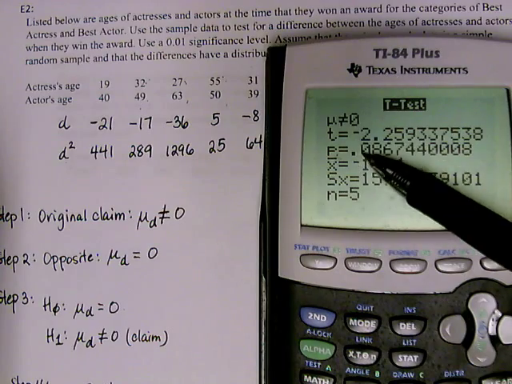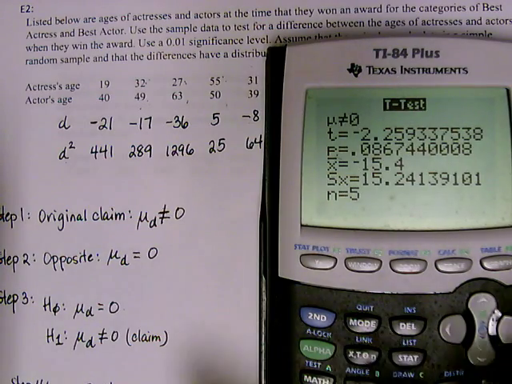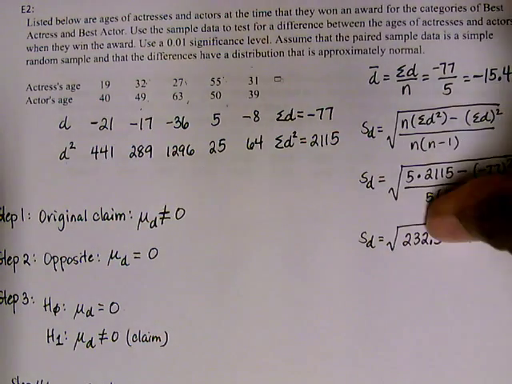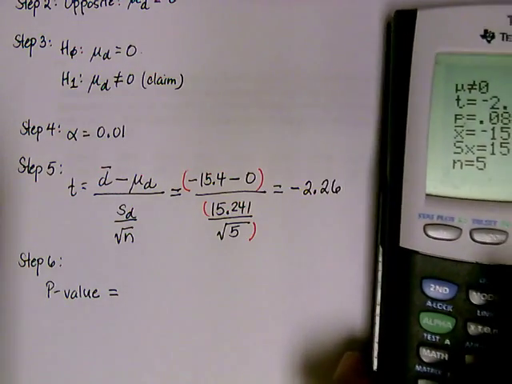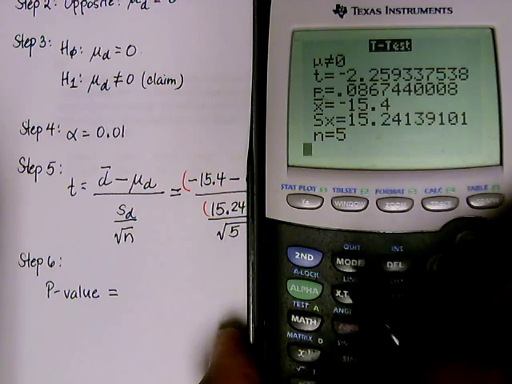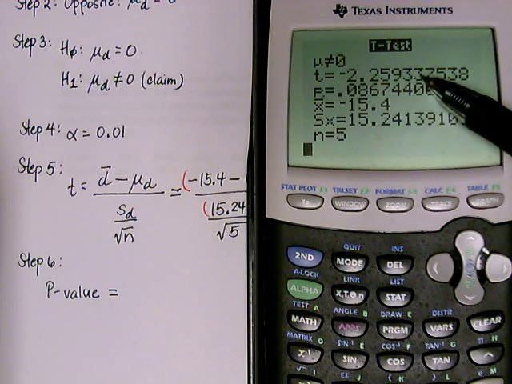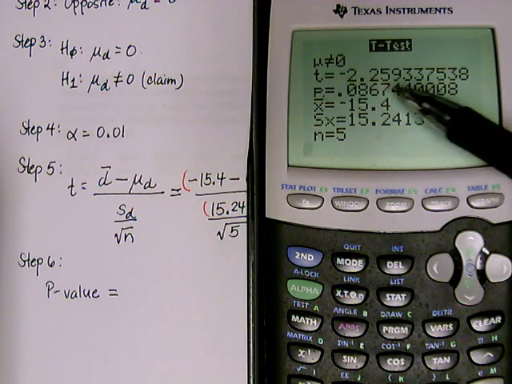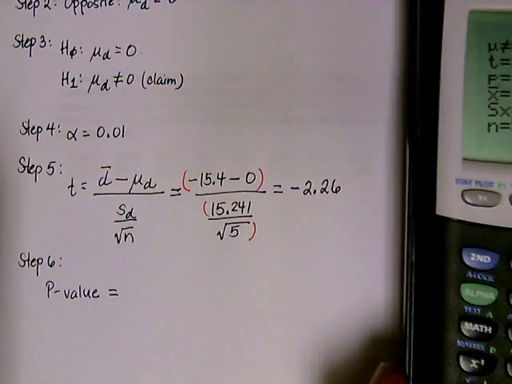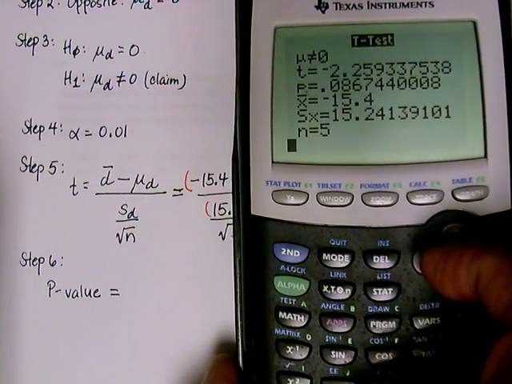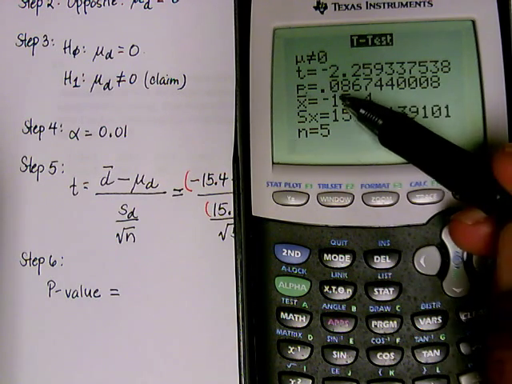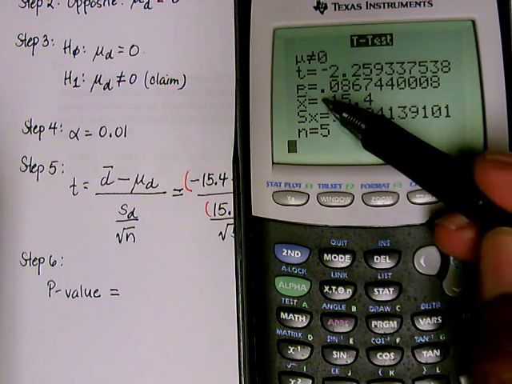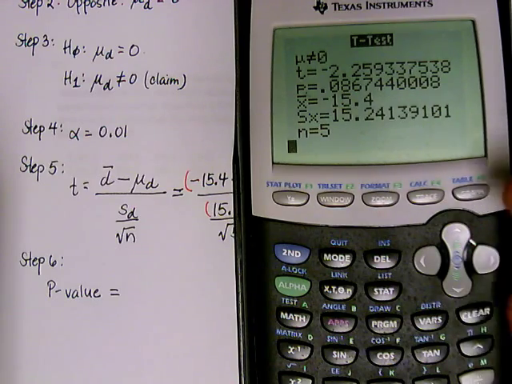Now you'll see that your test statistic is the same as what I got when I did this using the t formula for your t-test statistic. That's this, and it's rounded to 2 decimal places, negative 2.26. The p-value is right underneath it. That's this number right here. And I'm going to round this off to 3 decimal places. That will be 0.087.